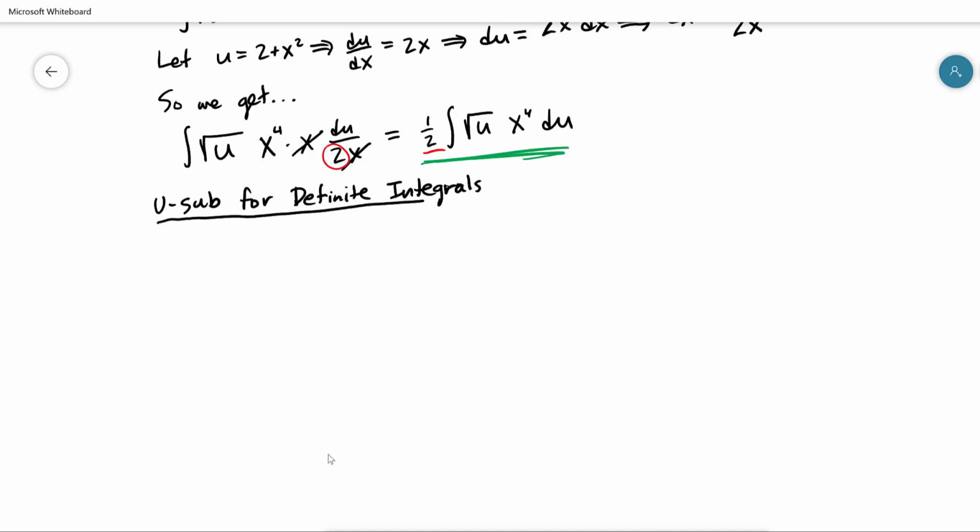So, doing U substitution for definite integrals. It turns out this also is a little bit trickier. This is trickier because we need to be careful with those bounds of integration and what variable they're in terms of.